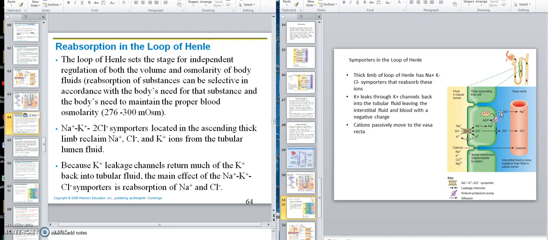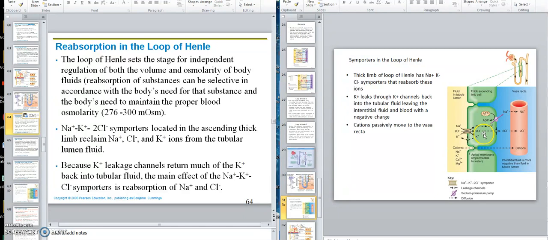See, we only did 65% of sodium in the proximal convoluted tubule. So I can bring some more back, because you would die if you lost 45% of your sodium. So I'm bringing some back. I'm bringing chloride back when we only did about 50% chloride back. And then here's some potassium.